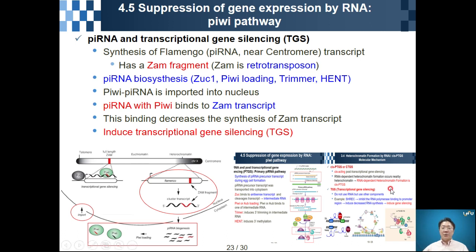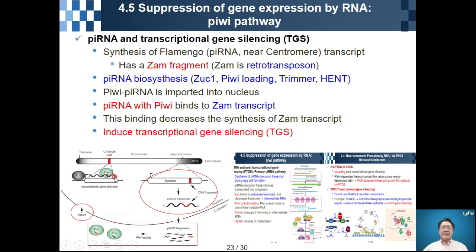Previously, we also learned about TGS. At that time, the Sxl complex inhibits RNA polymerase binding to the promoter region, so it induced decreased RNA synthesis and after that gene silencing.